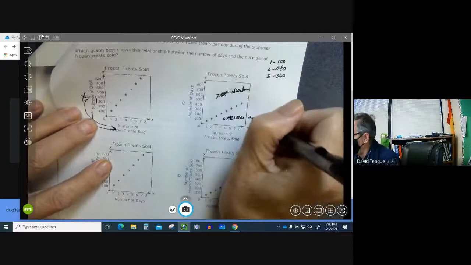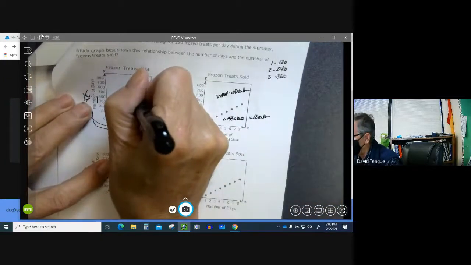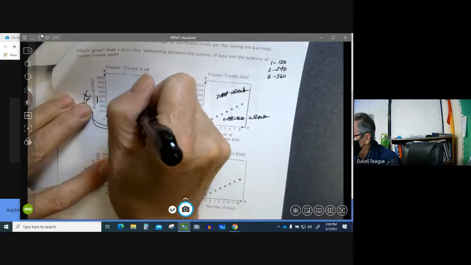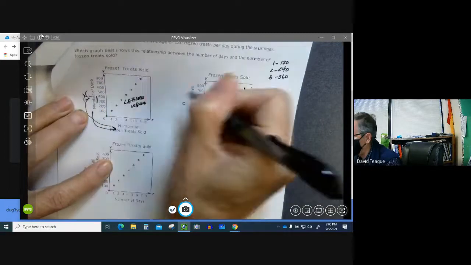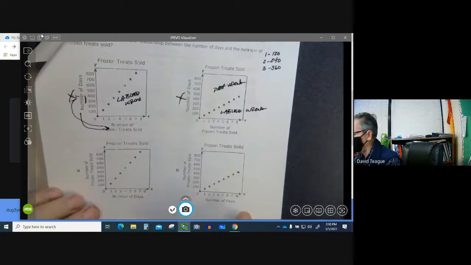And the same thing here, it's labeled wrong. So you can throw that out. So of your options, you've eliminated 2 of them. So you're down to these 2.